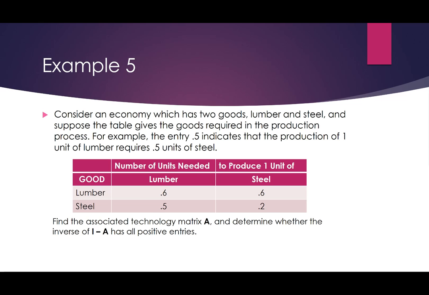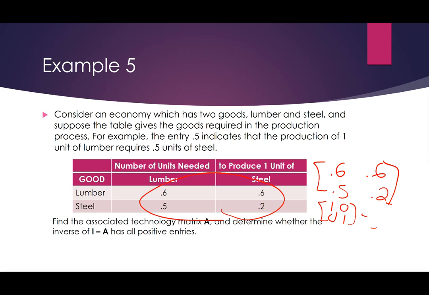Matrix A is essentially this matrix right here: 0.6, 0.6, 0.5, and 0.2. The question is, I minus that, which remember I is 1, 0, 0, 1, minus this A matrix, does it have all positive entries?